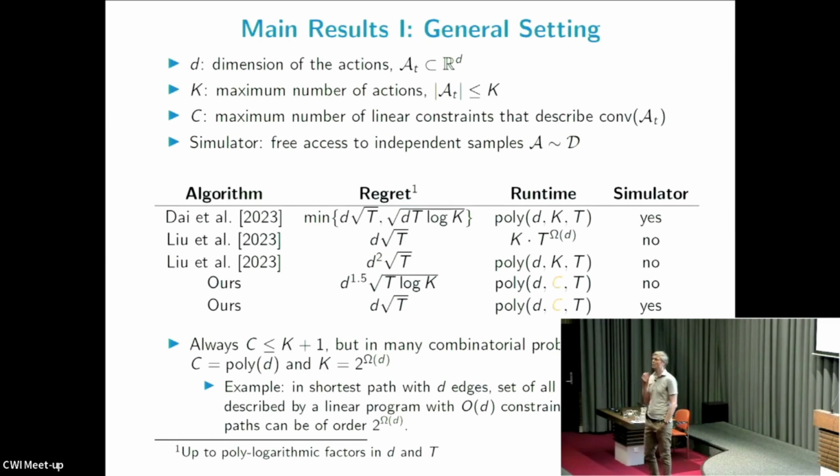Even though the number of possible actions is maybe 2 to the D, the number of constraints you need to describe that is only linear in D. So in some of these combinatorial settings, C can be much, much smaller than K. So the contribution is that if we have such a combinatorial setting, we get a faster algorithm. And then depending on whether we have access to a simulator: if not, we get the D squared type rate, and if we do, we get the D square root of T.